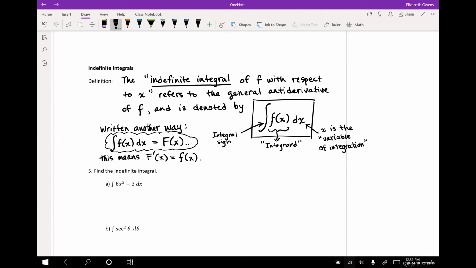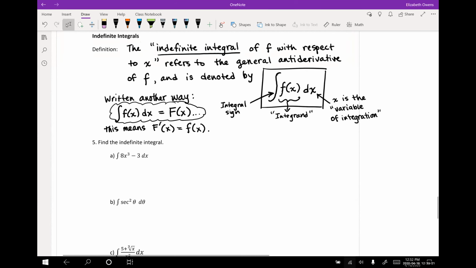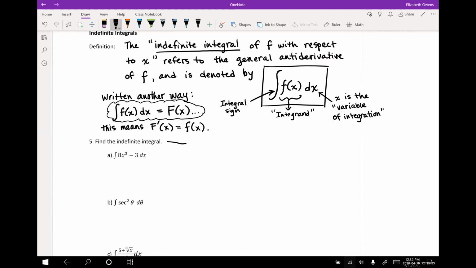Okay, so when we see problems like this next one here, find the indefinite integral, this really just means find the general antiderivative. The general antiderivative, which we have gotten really good at today, and actually Arshdeep's got our first one there.